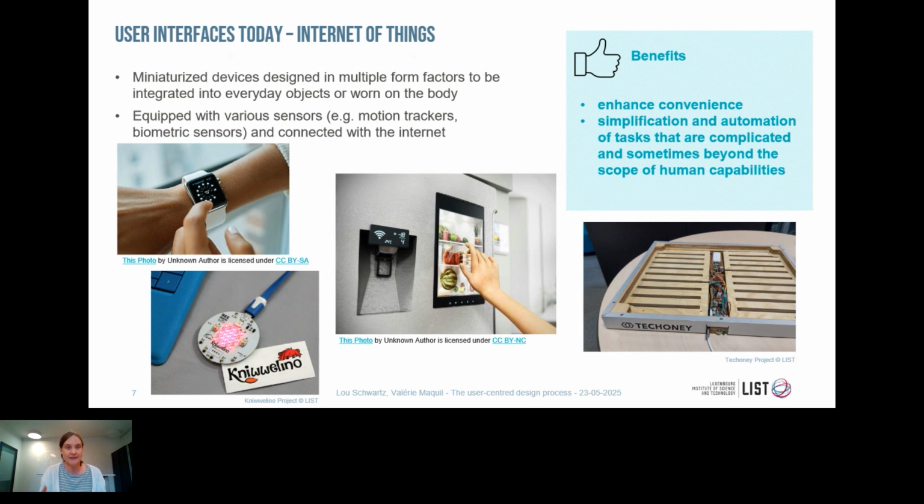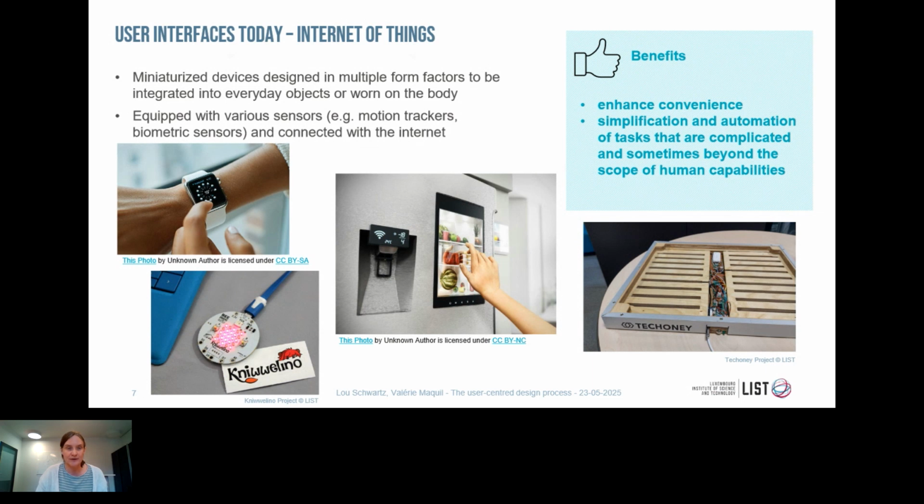These devices are equipped with various sensors, motion trackers, biometric sensors, and, very importantly, connected to the internet. The idea is to enhance convenience and, most importantly, to simplify and automate tasks that are really difficult for humans, or maybe even impossible.